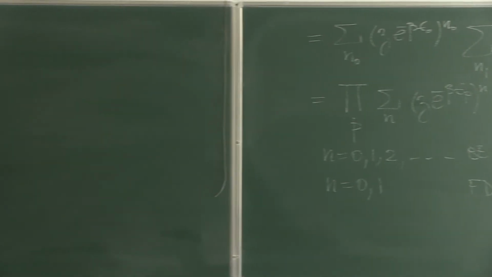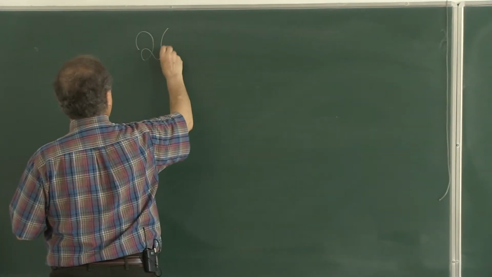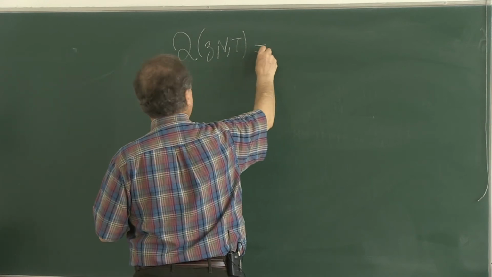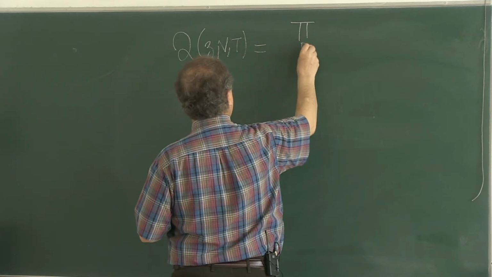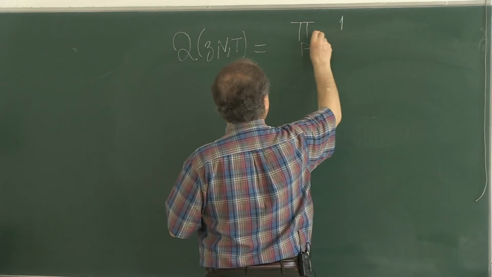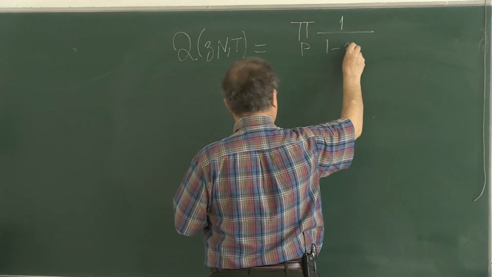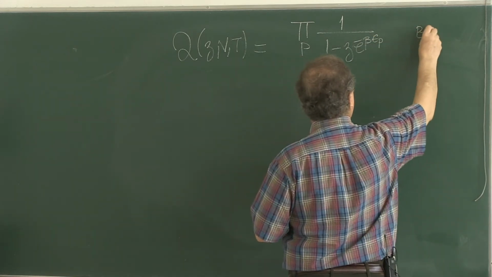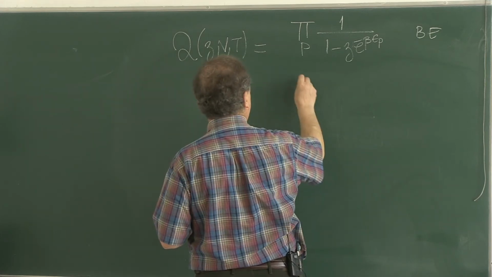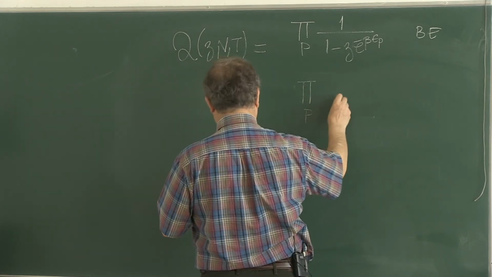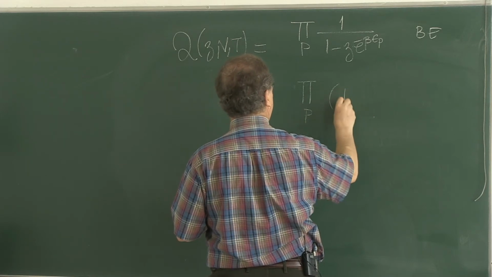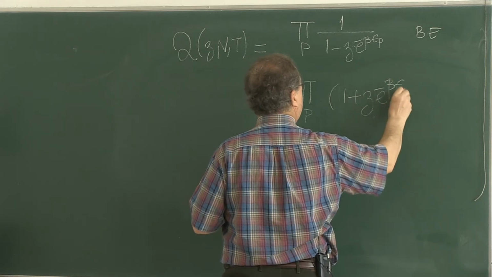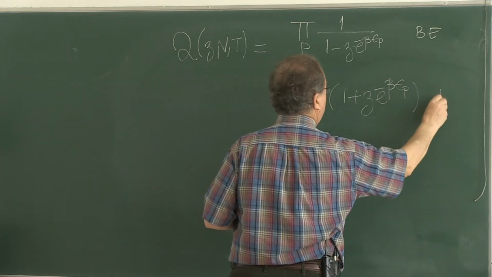Here is the grand canonical partition function for the whole system, which is the product of terms like 1 over 1 minus z e to the minus beta epsilon p for Bose-Einstein. Do the same for Fermi-Dirac, which is 1 plus z e to the minus beta epsilon p for Fermi-Dirac.